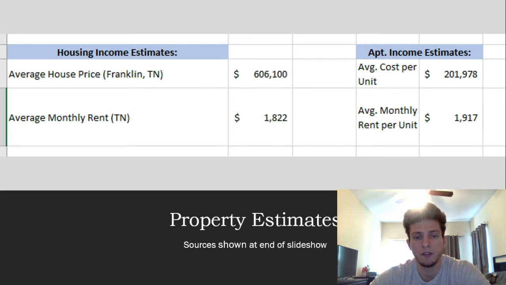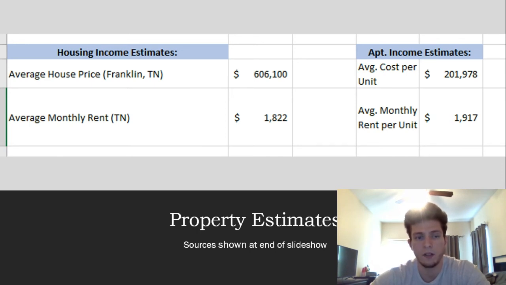So first off, I just wanted to get into the property estimates that I used for both the property that I would be buying and for what the average monthly rent is. I just kind of kept it all as averages, just as I did in the past two projects, just to keep it even.